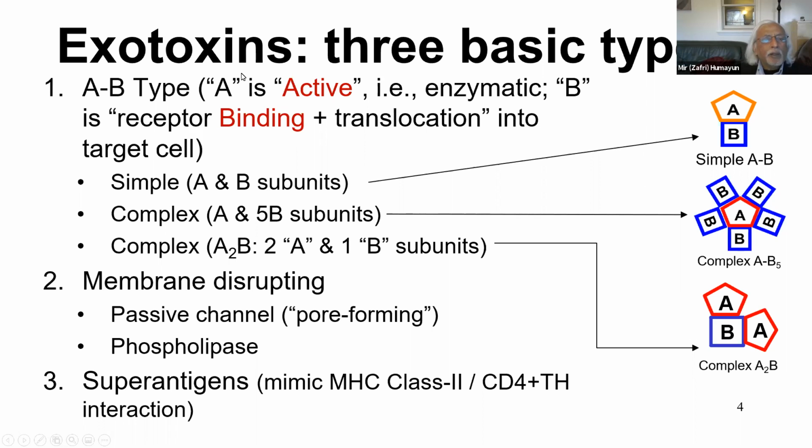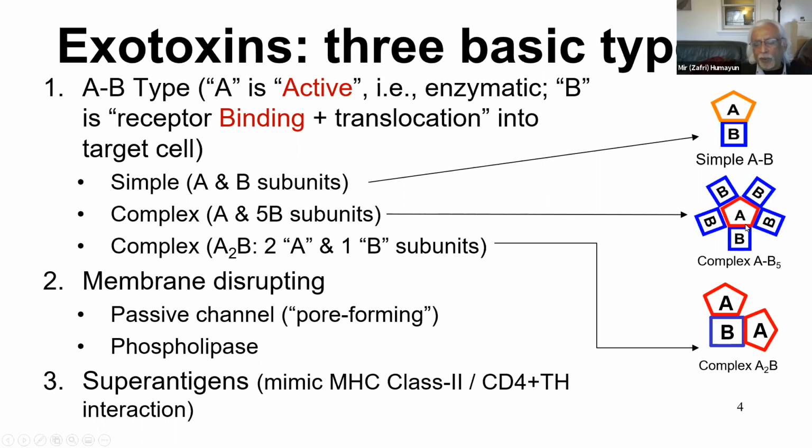Okay? So there are subclasses of AB toxins. The simplest is simply one unit of A, one unit of B. Okay? Somewhat more complex examples are A5B.